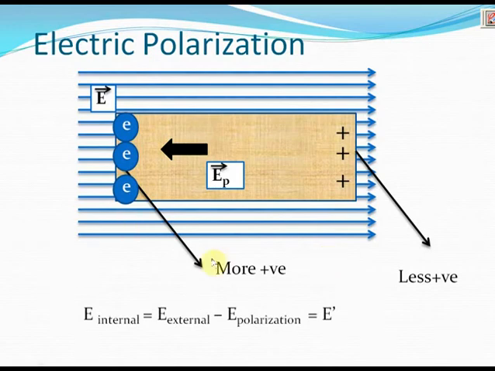Understood? So outside the dielectric, the electric field is simply E external or E. However, inside the dielectric, since this electric field is also countered by the polarization electric field, the net internal electric field in a dielectric is E external minus E polarization. Understood? So this phenomenon of polarization in a dielectric is something you need to understand for competitive examinations.